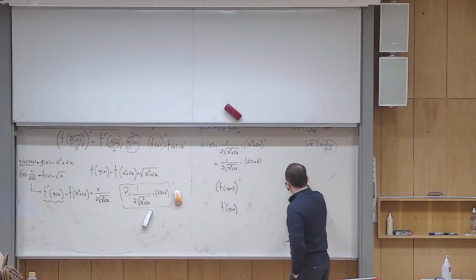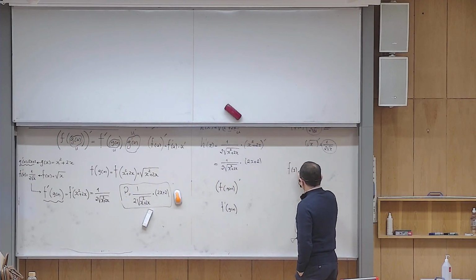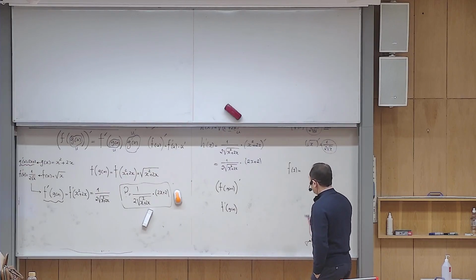So for example, if I give you f of x, let me make the example simple, okay? F of x to be x squared x plus 1 to the power of 2. Or this is not a good example. Let me start with this example.